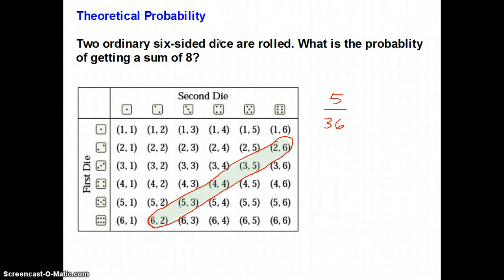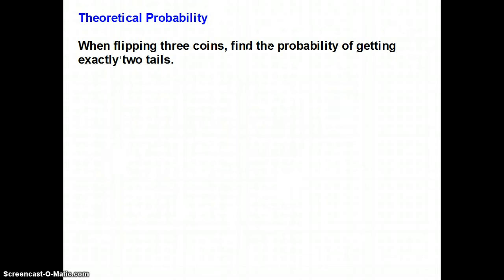Let's move to the next one. When flipping 3 coins, find the probability of getting exactly 2 tails. So I'm going to start off by writing out all my possibilities here. And how many possibilities could we have? We're flipping a coin 3 times, and each time you flip a coin you have either heads or tails.